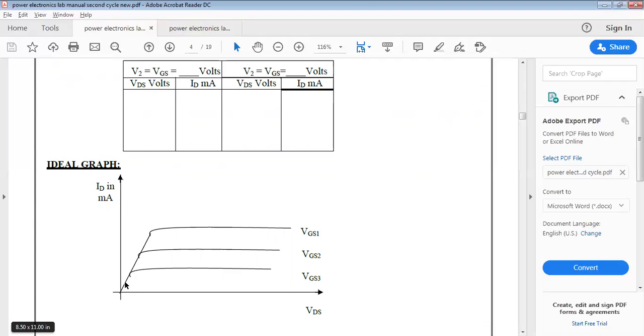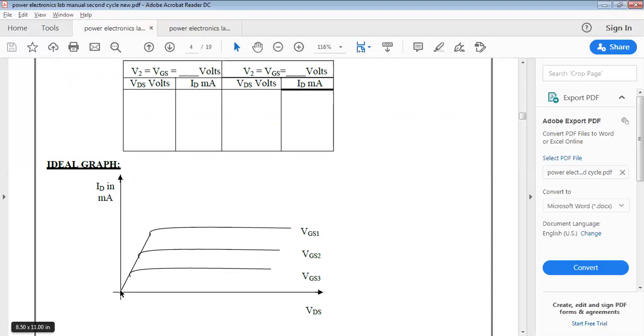As I am increasing the current, correspondingly the voltage across the drain to source is also increasing linearly. And you will reach a particular region where if you try to increase the supply voltage, you will see that even the voltage across the switch also starts increasing, and the current remains constant.